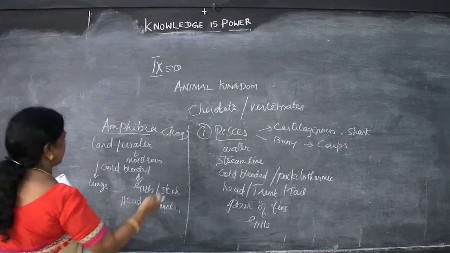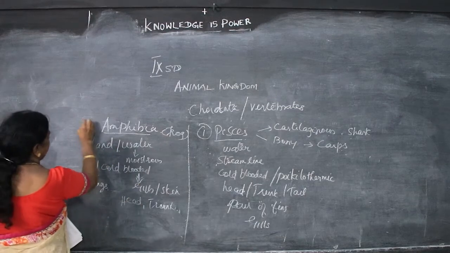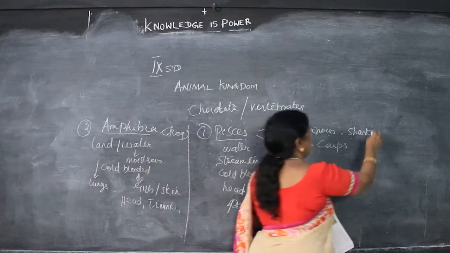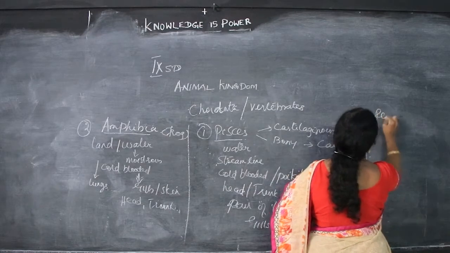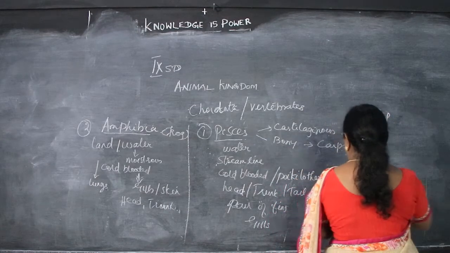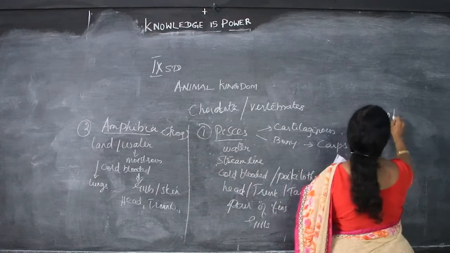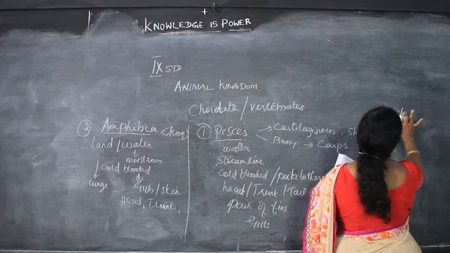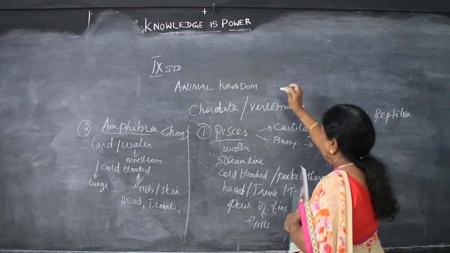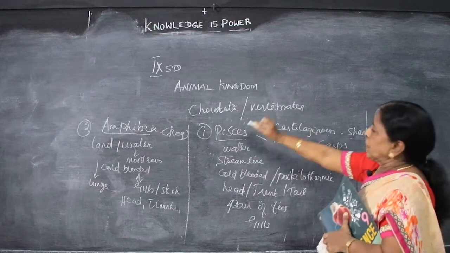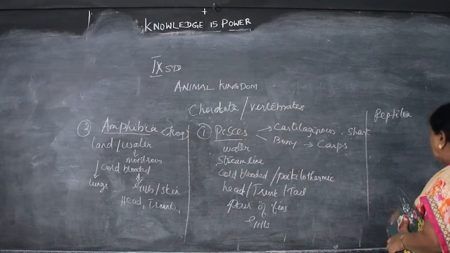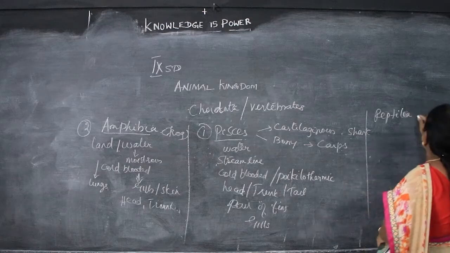Next, the first one is Pisces, the second one is amphibia, for which I said the example frog. The third one is reptilia. First you saw the water animal, next the one that lives in both water and land, amphibia. This is reptilia, the crawling animal. It crawls because the legs are not well developed.